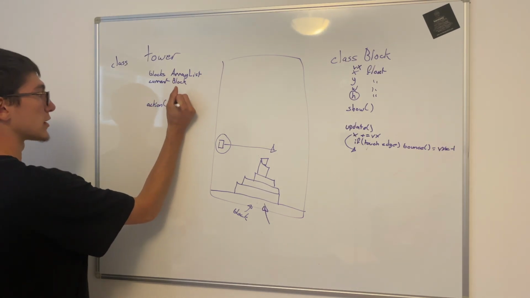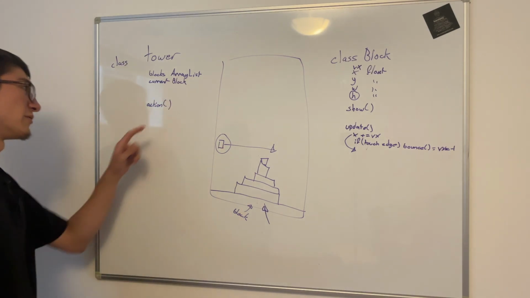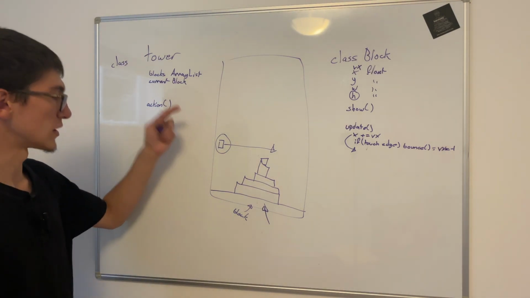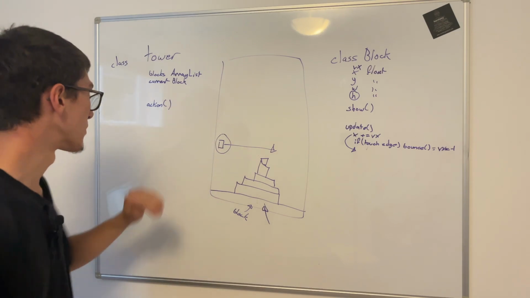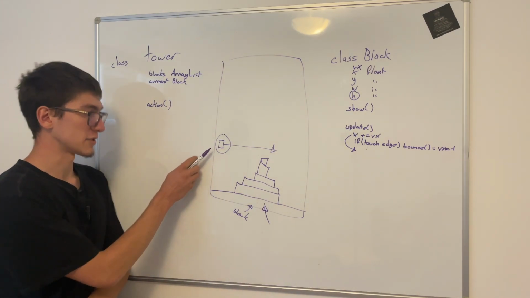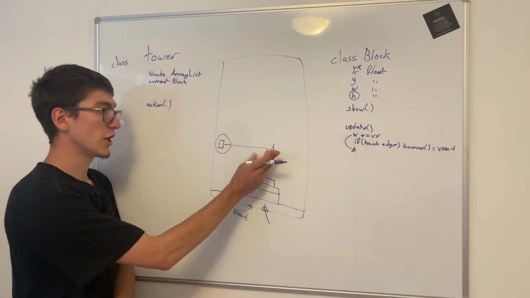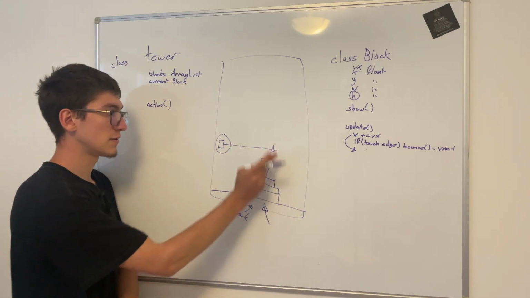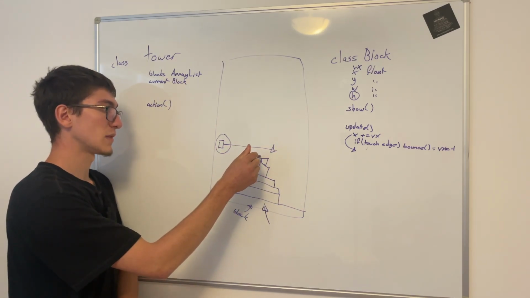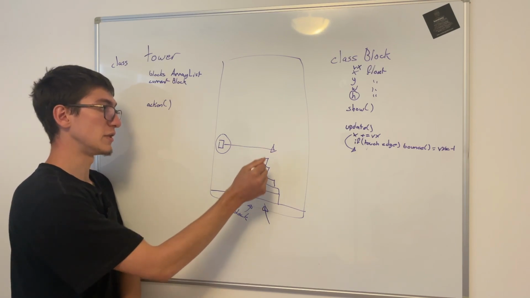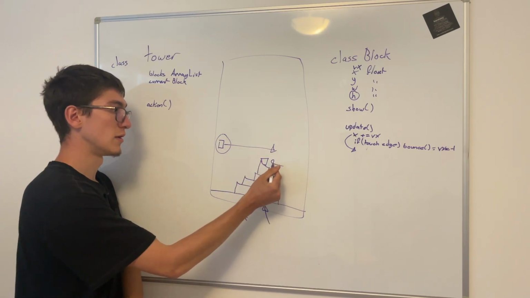So action is going to be the function that gets called whenever, let's say, I click the mouse to see if the block is there, right? So what does action need to do? It just needs to cut off any edges that are not on top of the latest block in the list of blocks.